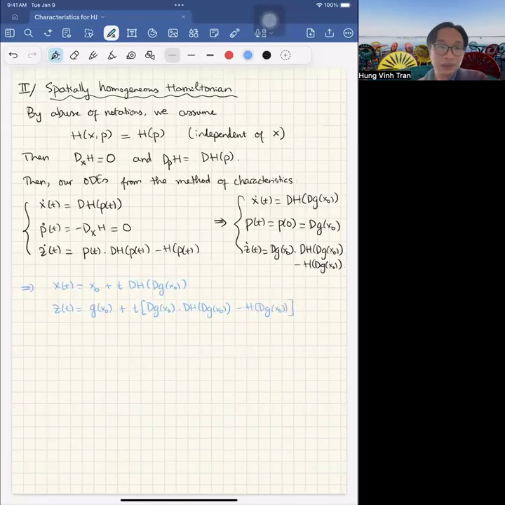So it's also a linear function. And I have p(t) equals p0, which is dg of x0. Very good. Let me try to draw a schematic picture here before we go further.